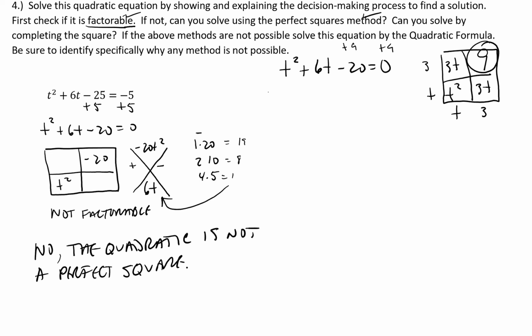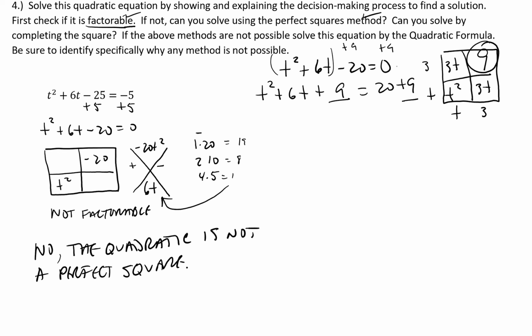So we can look at it as t squared plus 6t plus 9, and I'm going to move the 20 over to the other side and then add 9. There are several different ways, but basically to complete the square on this, I had to add 9 to both sides.